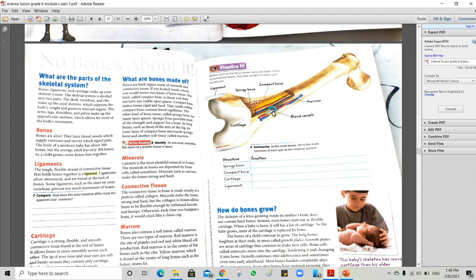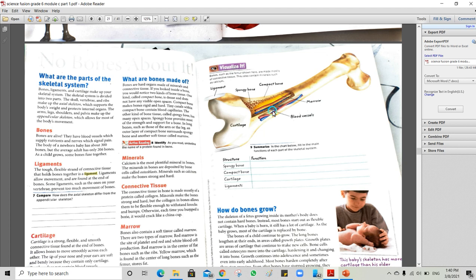Teacher, what is the function of nerves? They signal pain. Sometimes you feel that your bone is tired, or you feel a painful feeling in your bones. This is because the nerves send signals to the brain, so you feel this pain.